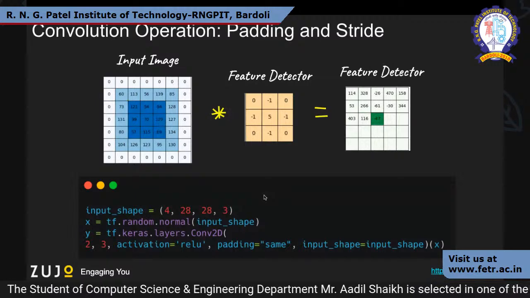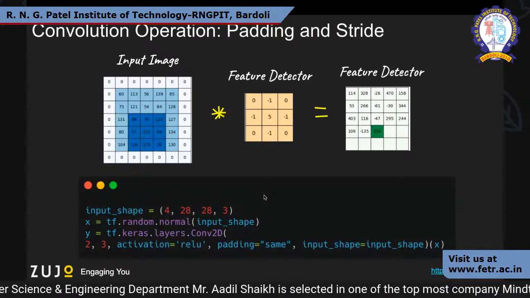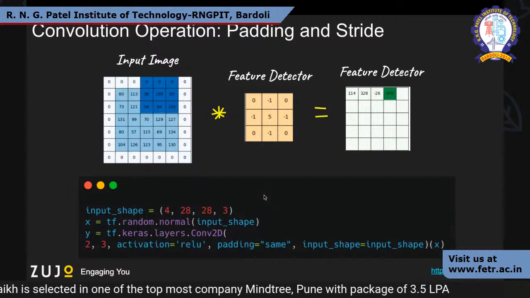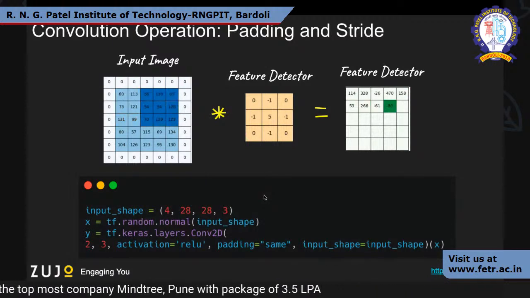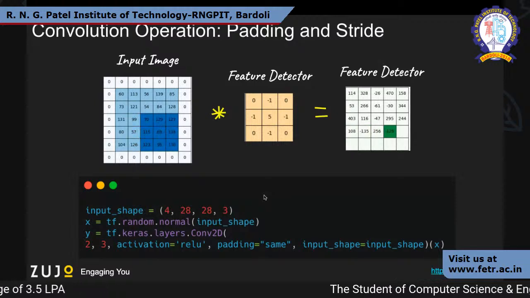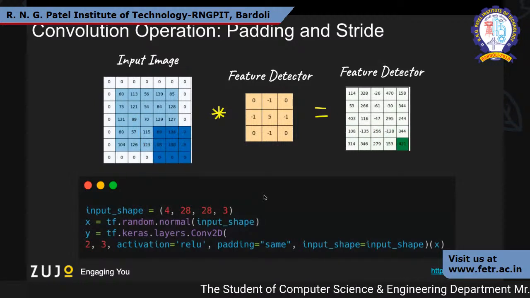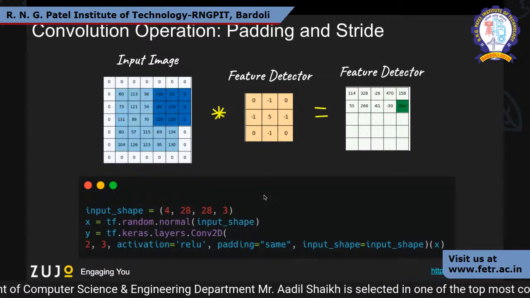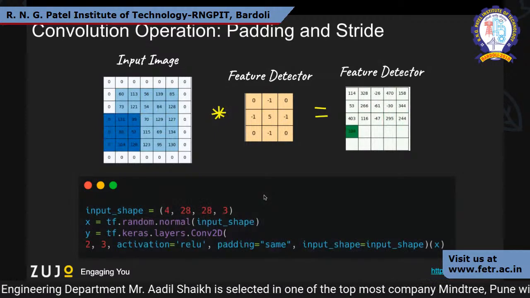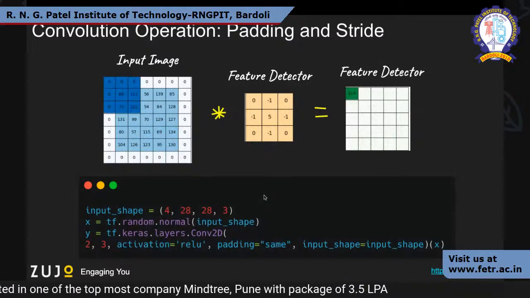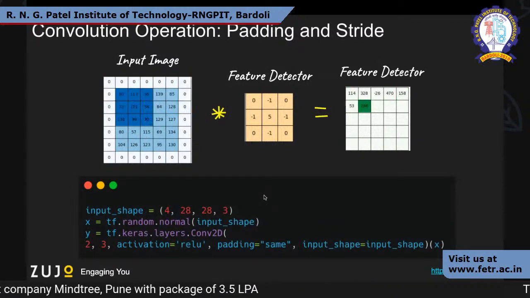Stride means how many values you are taking at the same time. Like a 3 by 3 stride, or kernel, basically means that your sliding window is skipping three values at one time.